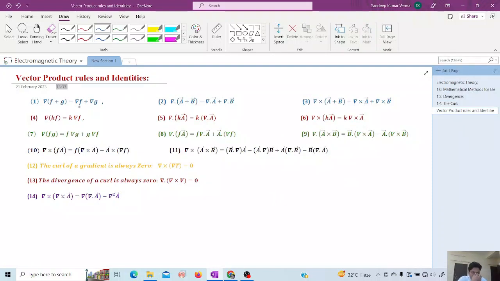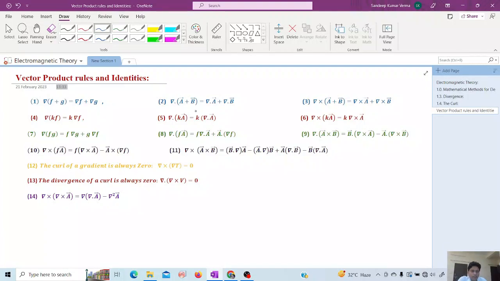Here we know that for any scalars f plus g, we can write the gradient of f plus the gradient of g.